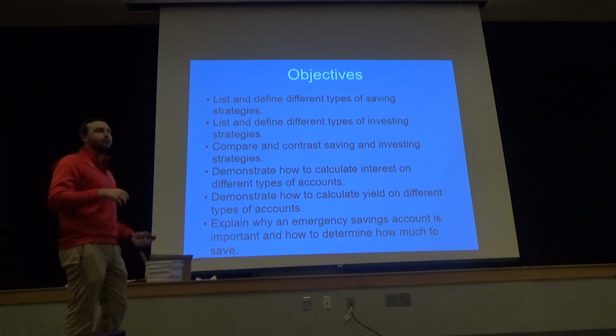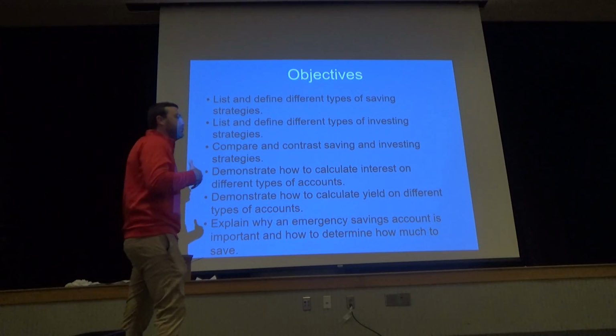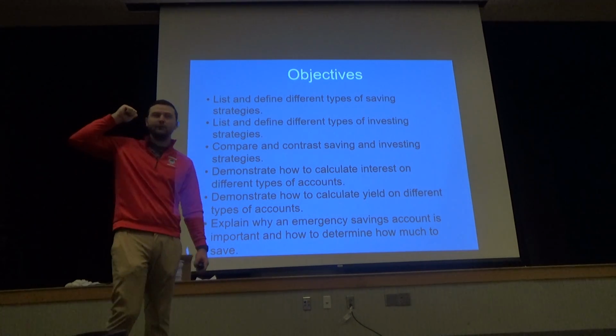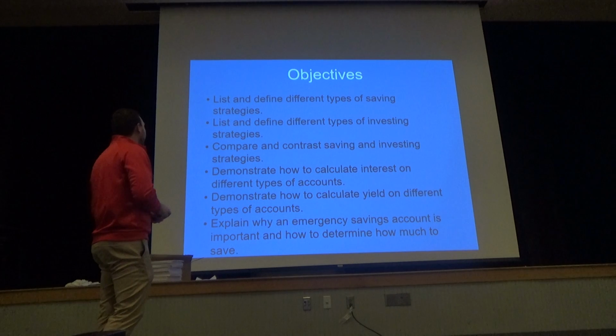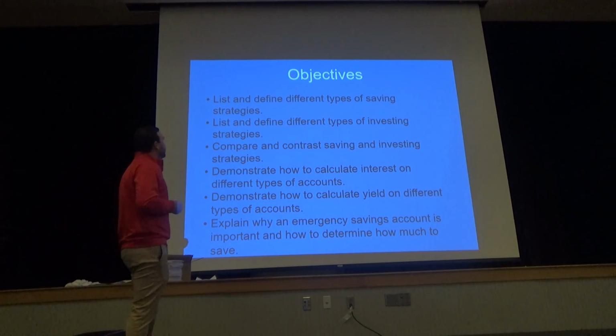So, like I've told you before, time and time again, objectives are what we want to know after the lesson is over. If you can answer these questions once we get done with the lesson, then I've done a good job, you've done a good job, everybody's happy.